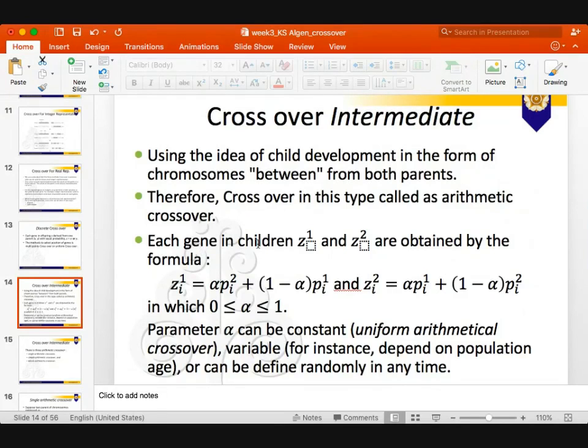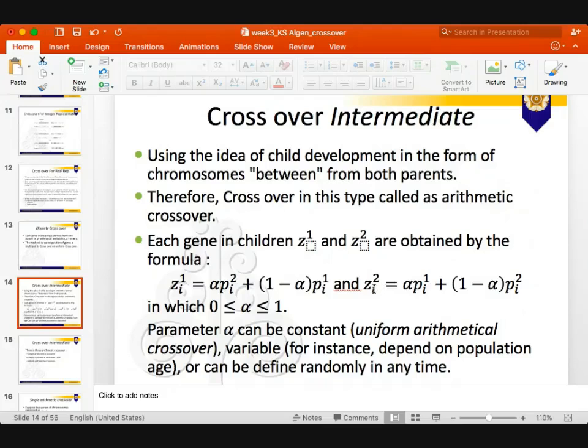Each gene in children Z1 and Z2 is obtained by a formula. The gene of child Y at locus i comes from alpha times parent 2 at locus i, plus 1 minus alpha times parent 1 at locus i.